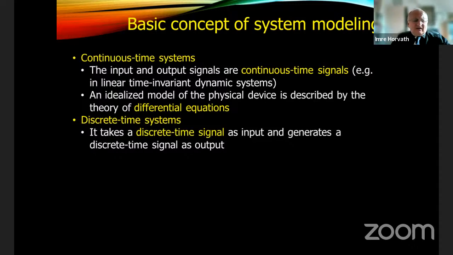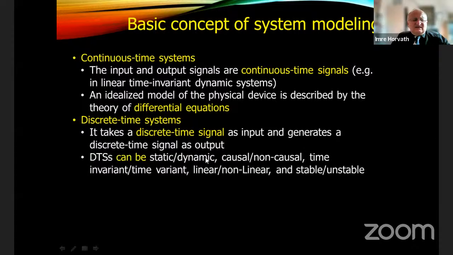We can also talk about discrete-time systems, which take discrete-time signals as input and, based on that, generate discrete-time signals as output. Discrete-time systems can be static or dynamic, causal or non-causal, time-invariant or time-variant, linear or non-linear, stable or unstable.